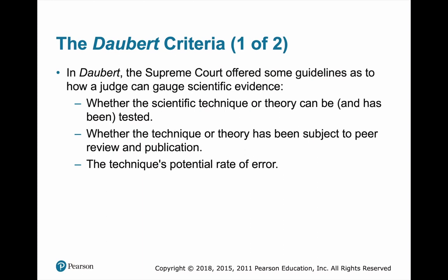In the Daubert case, the Supreme Court offered some guidelines as to how a judge can gauge. So now we're getting a little bit better. Okay, like whether the scientific evidence, technique, or theory can be tested, whether the technique or theory has been subject to peer review and publication. So now there's more scrutiny. It's harder now, and there has to be a higher level of standard. The technique's potential rate of error.